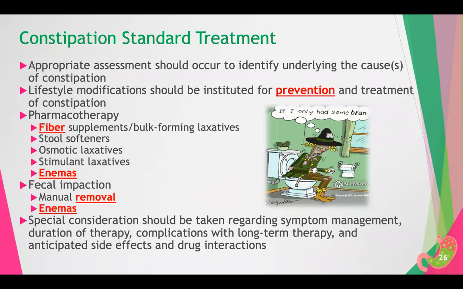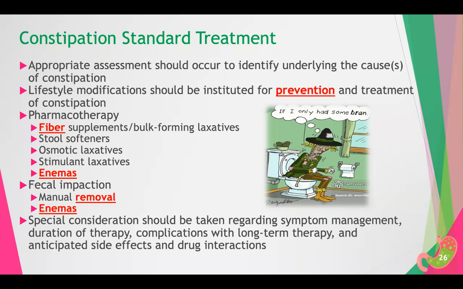So when it comes to treating constipation, it's very important that we do proper assessment so that we can identify the underlying cause of the constipation and manage and treat that underlying issue. Lifestyle modifications should be instituted for prevention and treatment of constipation. And then we do have pharmacotherapy. So fiber supplements are our bulk forming laxatives, stool softeners, our osmotic and stimulant laxatives, and enemas.